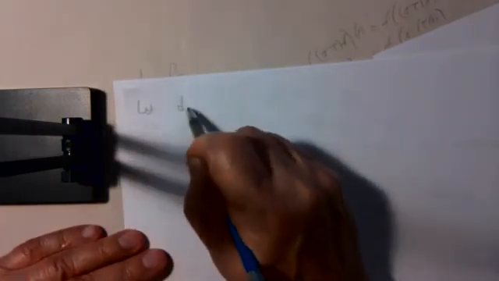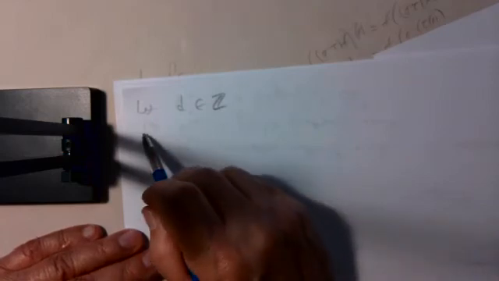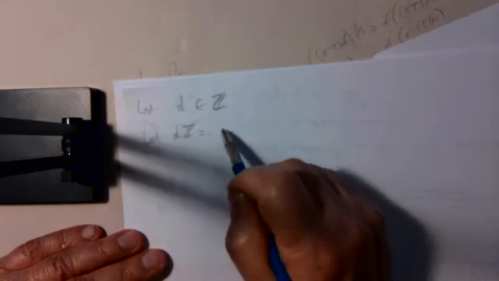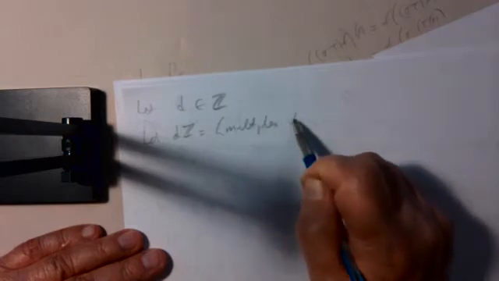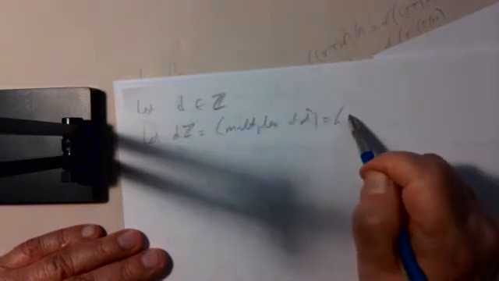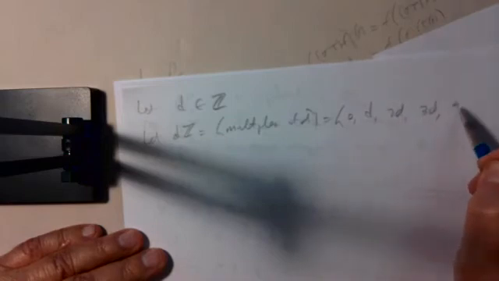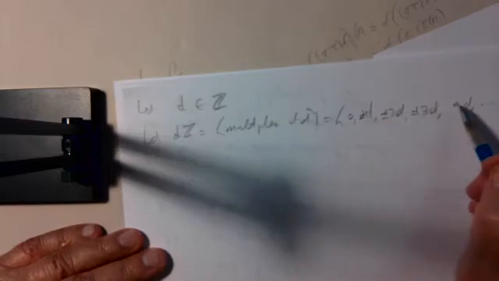Here's a slightly more general example than the even numbers. So let D be an integer. By this notation, D times Z is the set of all multiples of D. That's 0, D, 2D, 3D, 4D, and so on forever, and plus or minus.